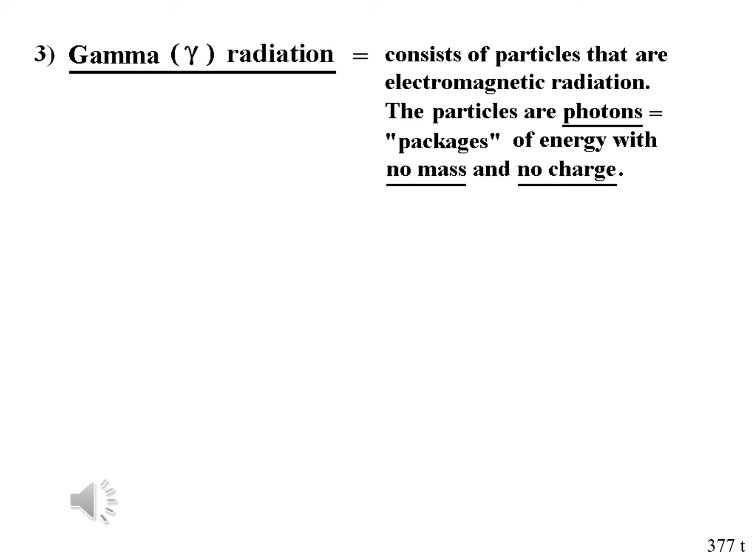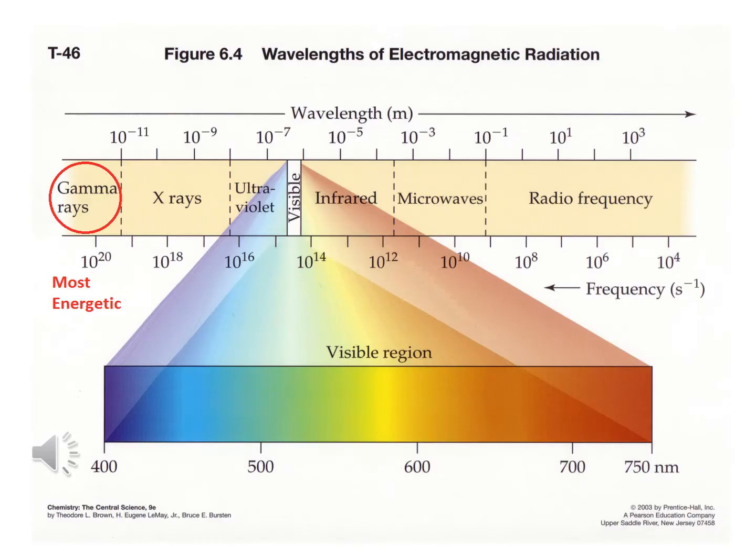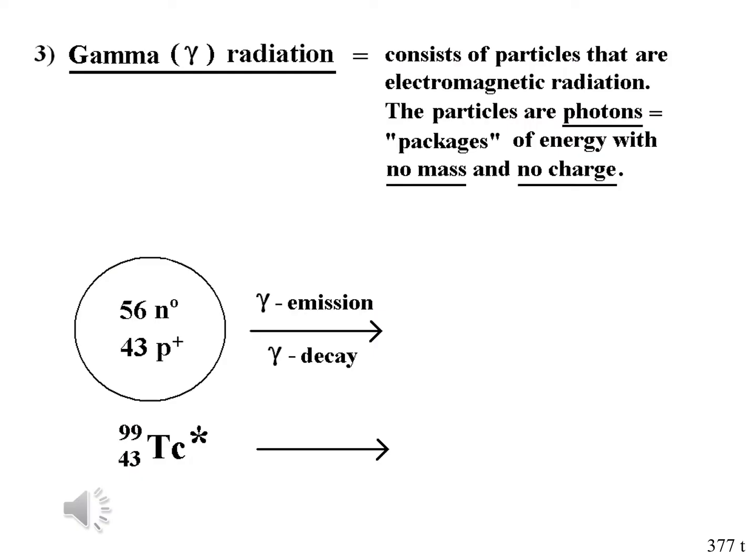The particles are photons, which are packages of energy, but they have no mass and no charge. As I showed you before, these are the most energetic form of electromagnetic radiation, and this is what comes off of some nuclei.